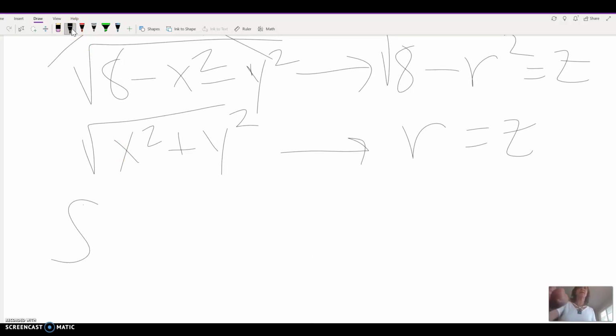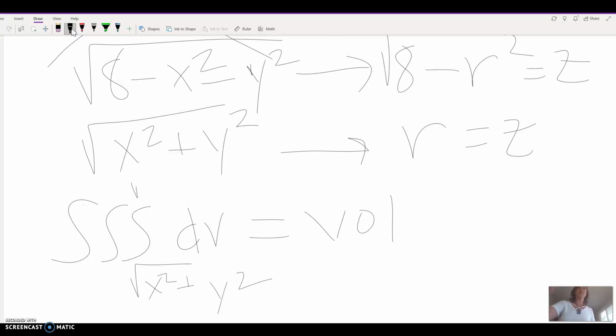So now again, the idea being the triple integral of just dV is going to give me the volume. Well, now I can describe this in z's. My z goes from the cone, which was the square root of x squared plus y squared, up to the hemisphere, which is the square root of 8 minus x squared minus y squared.